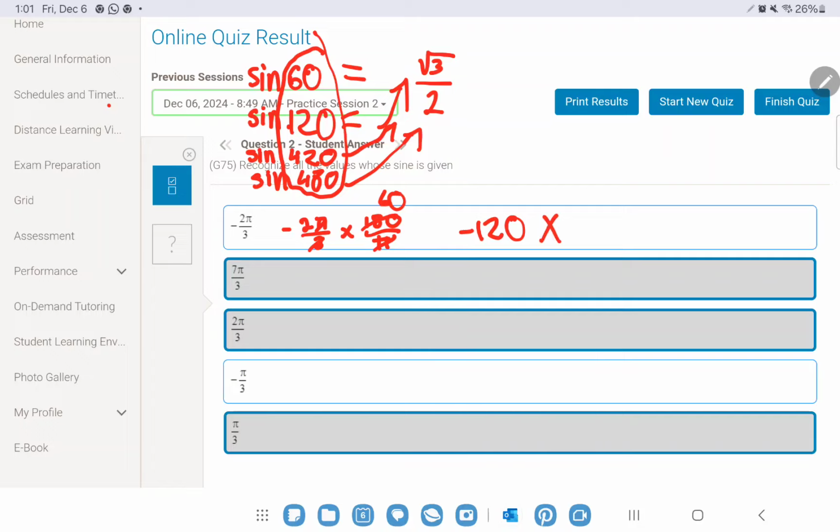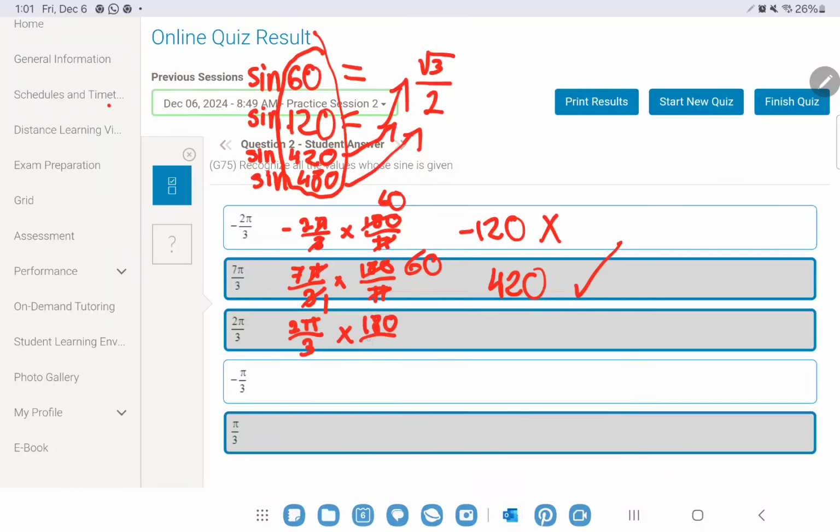No, it's not. Let's try this one. 7 pi over 3 times 180 over pi. This is 60. 7 times 60 is 420. Is 420 one of the angles that give us radical 3 over 2? Yes, it is.